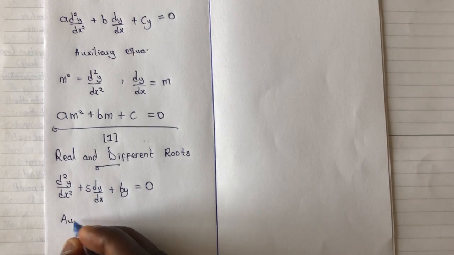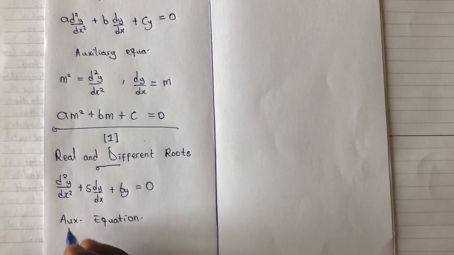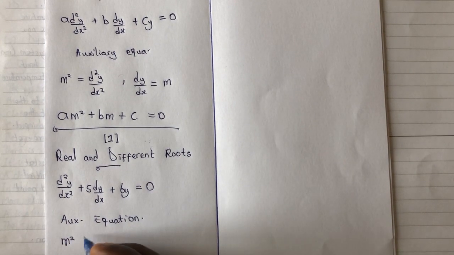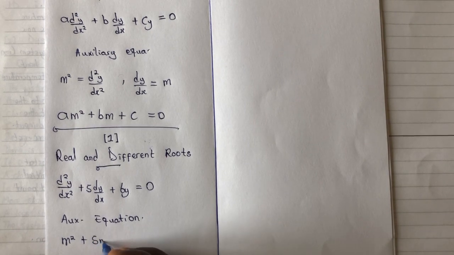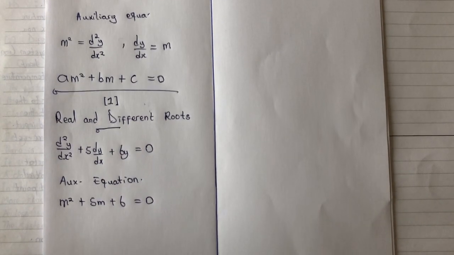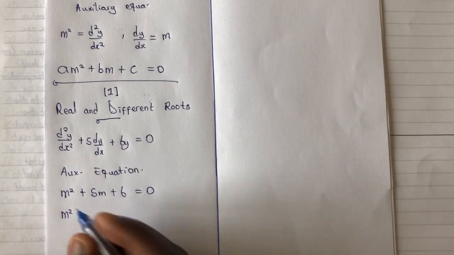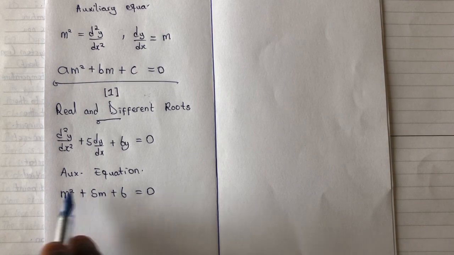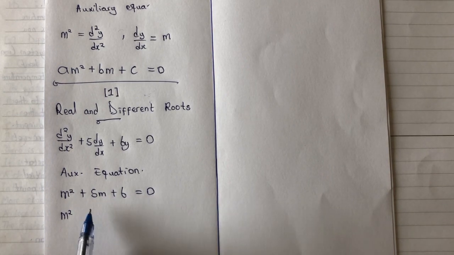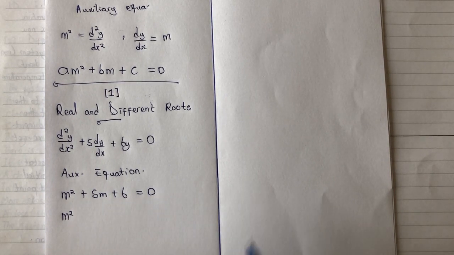So the auxiliary equation is m squared plus 5m plus 6 equals 0. You can just punch this on your calculator to generate the roots of m, and then you use it to solve.